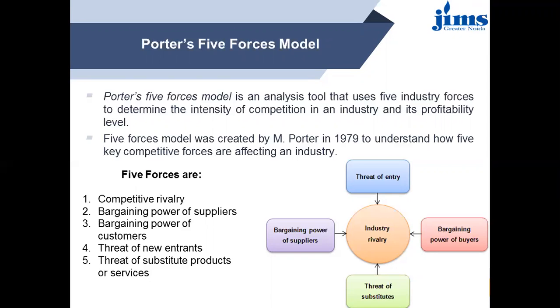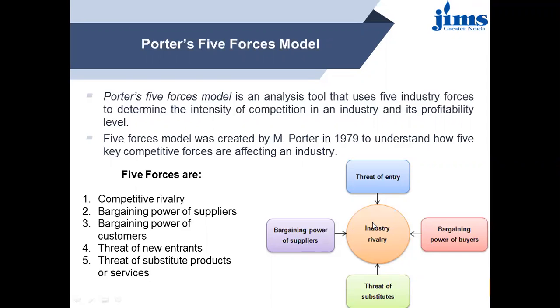So what are these 5 forces? The 5 forces are competitive rivalry, bargaining power of suppliers, bargaining power of customers, threat of new entrants, and threat of substitute products or services. So basically, when you are in a market or you are a businessman, this industry rivalry happens from everywhere. This includes the bargaining power of the buyer, the bargaining power of the supplier, and the threat of the substitute.